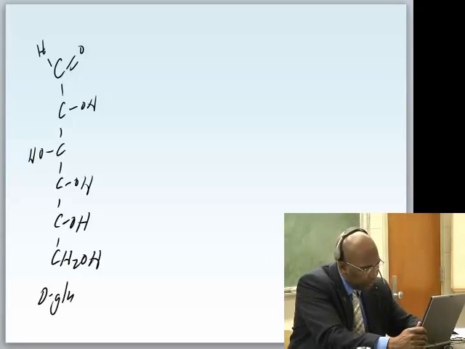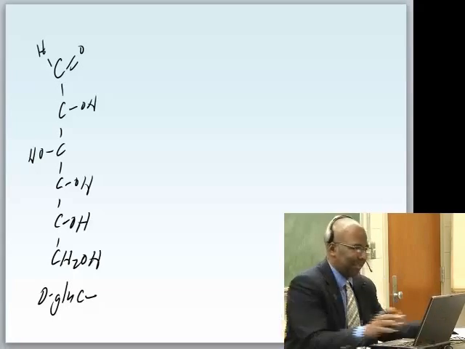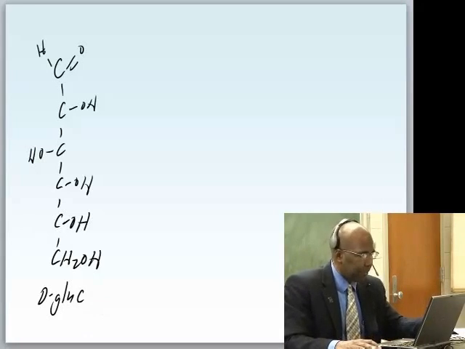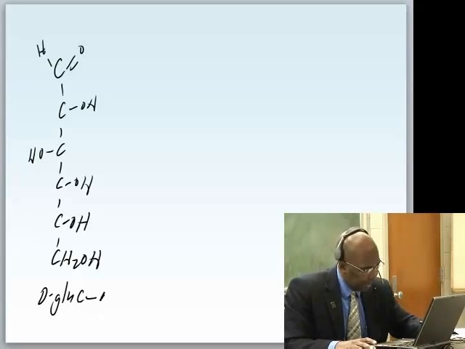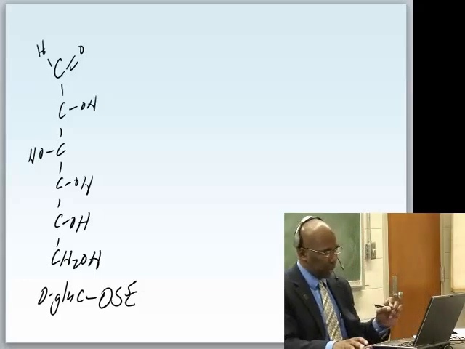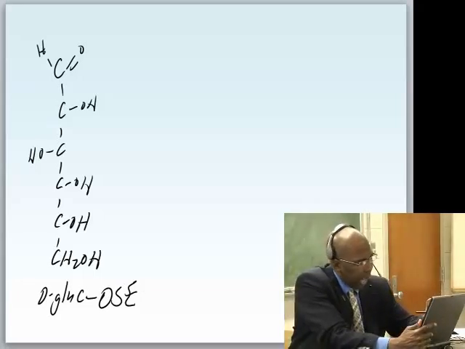We can just put D-glucose. I hate when this gives me issues like this, because now I don't know why this is happening. Okay, so this is D-glucose. What we're going to do now is oxidize that very first carbon.